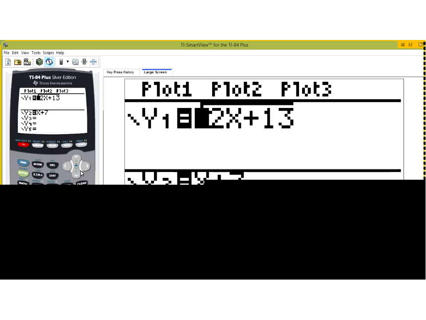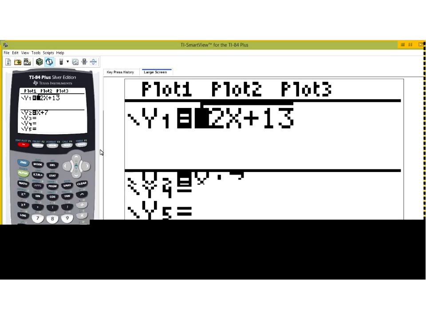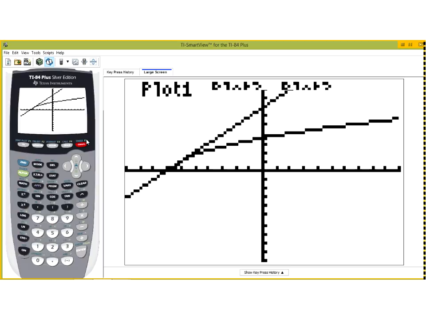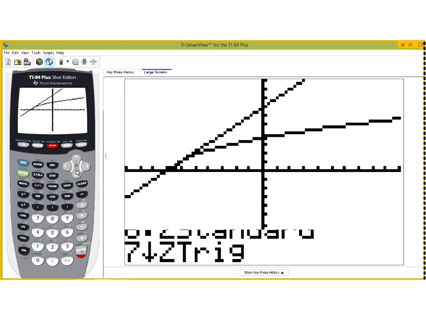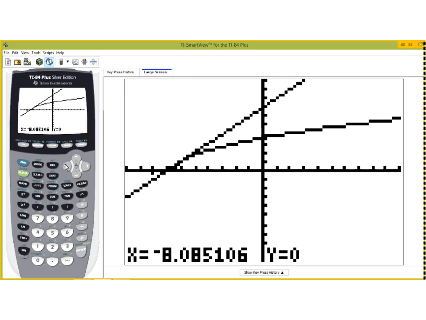Now I'm going to go to the calculator. Okay, and I have entered the two equations. I hit graph. There's my graph and my picture. I would really like to zoom in right here and see what's going on. So I choose zoom box.